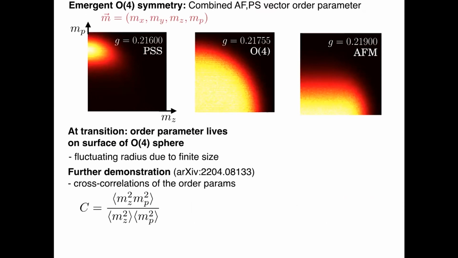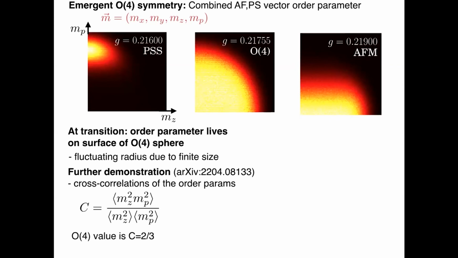Now, very recently in this paper, which is actually about the experiments, one of the referees asked us to provide some more evidence. In that paper we talk about O3, but we also looked at this O4 with a cross correlation ratio, an expectation value of the product of both order parameters.